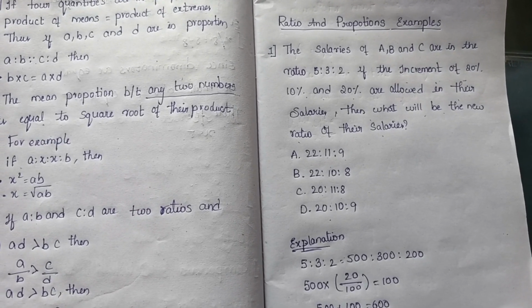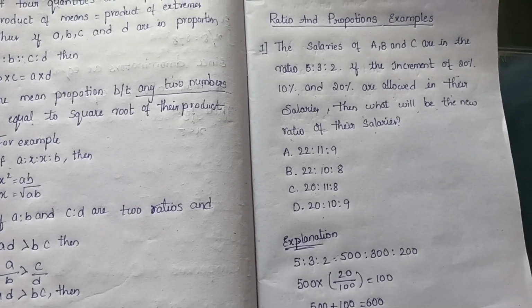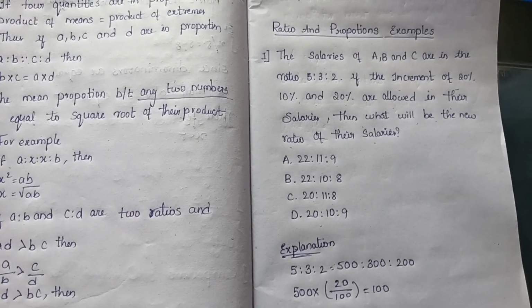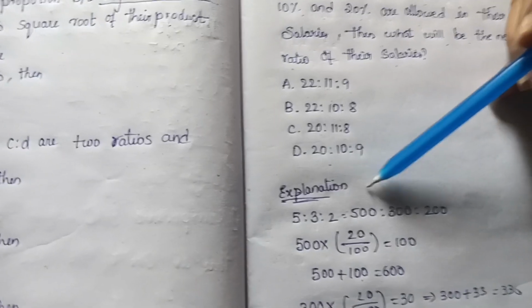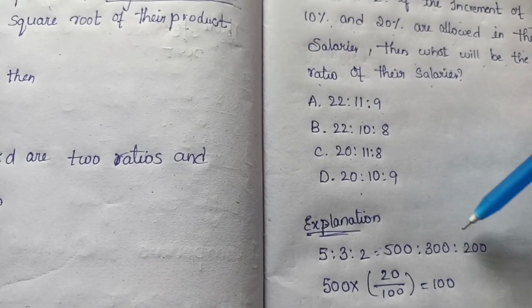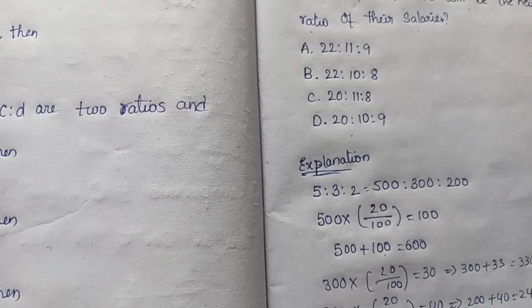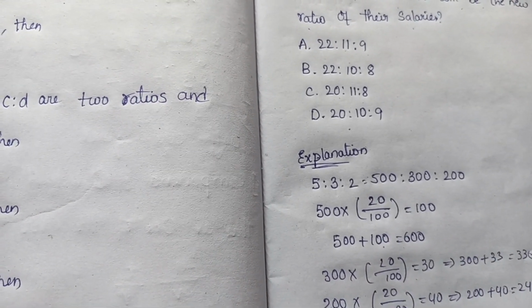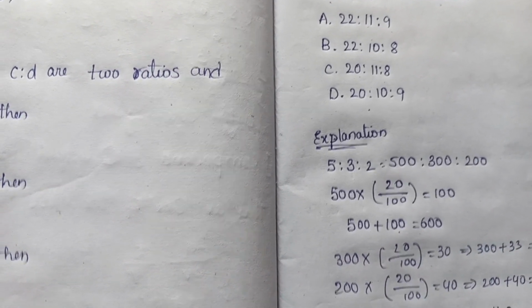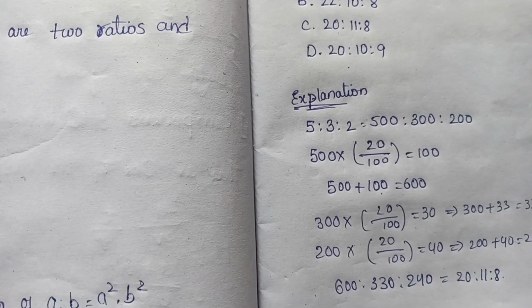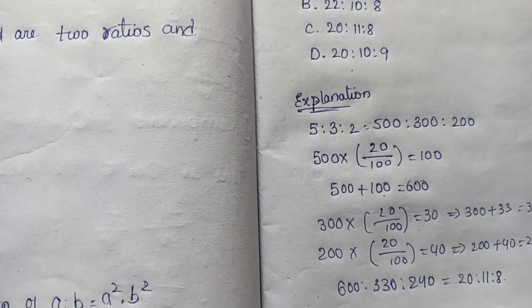So we assume the salaries of A is 500, B is 300 and C is 200. Why did I multiply by 100? Because percentages become very easy to calculate and we avoid working with decimals.